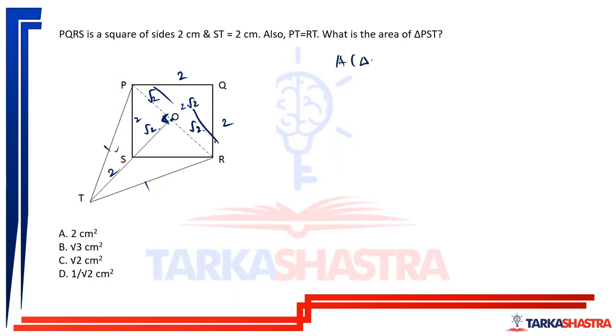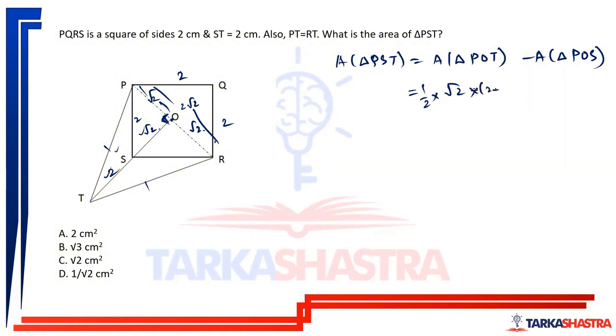Now, area of triangle PST is nothing but area of triangle POT minus area of triangle POS. Correct. Now POT, half, base is root 2. And overall, the height is 2 plus root 2. Minus area of POS will be half into base is root 2.